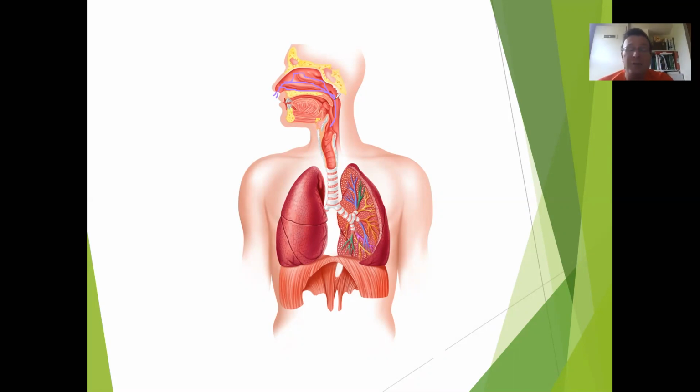So if you've ever had pharyngitis, that's just a really nasty sore throat, and then it kind of goes past our larynx, which is our voice box, and then descends down our trachea. So I'm just drawing in the trachea here.